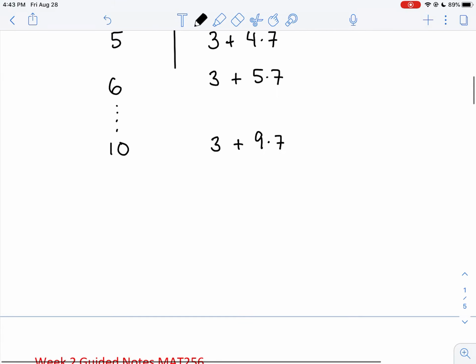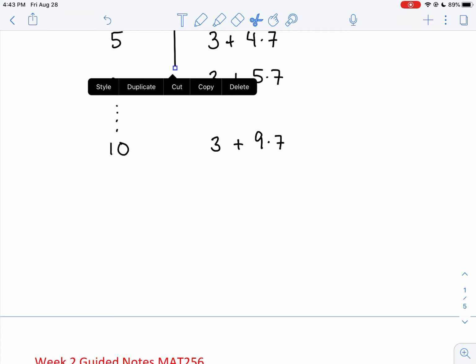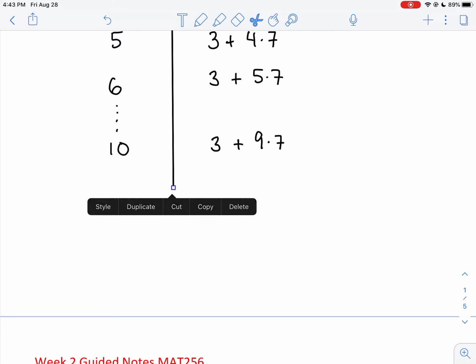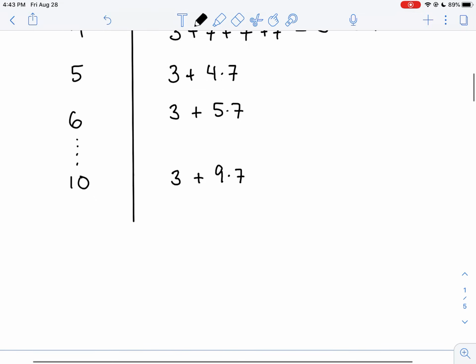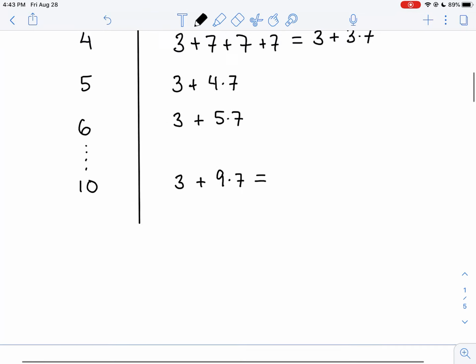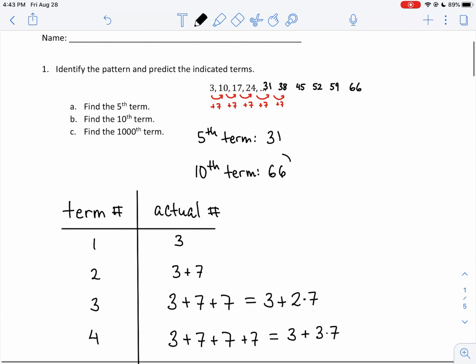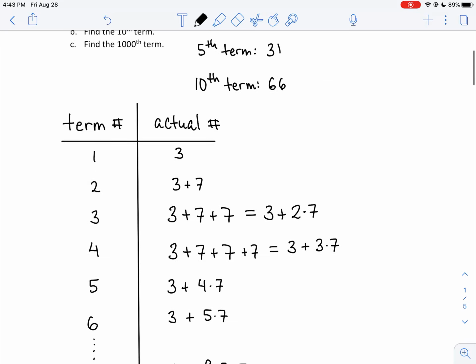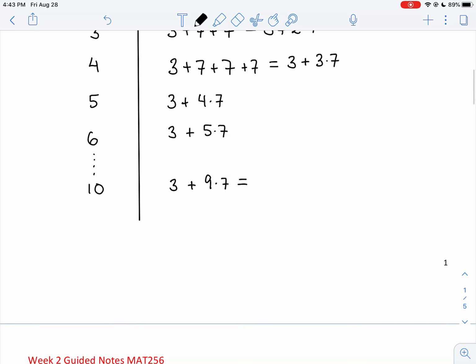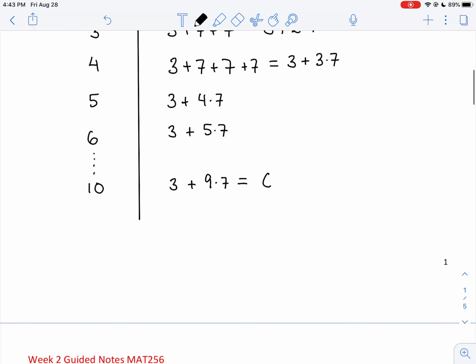This is something that we can actually turn into a formula. Oh, by the way, before I do that, let me extend my table a little bit. Let's go ahead and actually do this calculation this way and confirm that we get the same result that we got here by simply going out this list until we had 10 numbers. So 9 times 7 is 63, and then add 3 to that is 66.